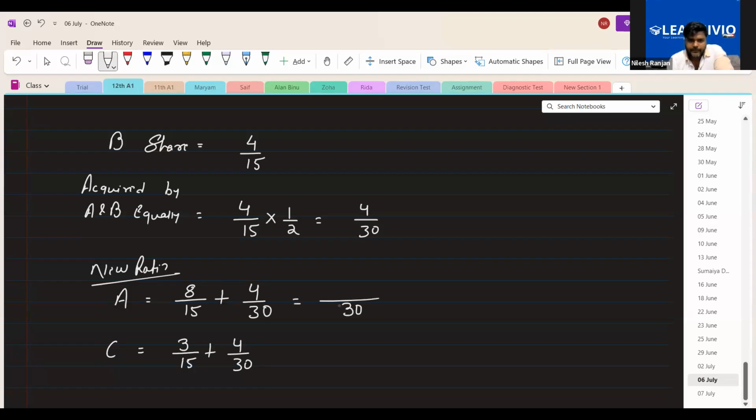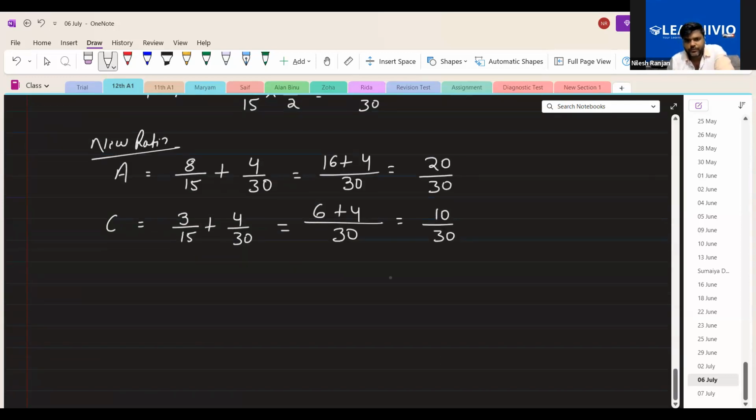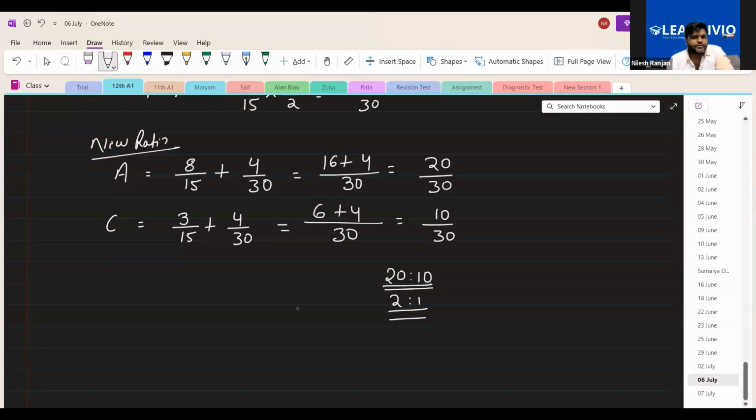So it will be 20 by 30, and here it will be 10 by 30. So 20 is to 10, 2 is to 1. So this is our new ratio.